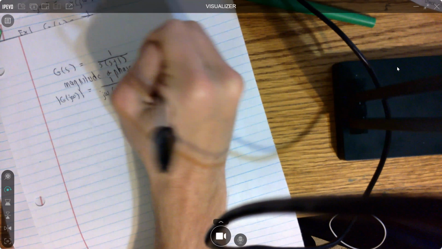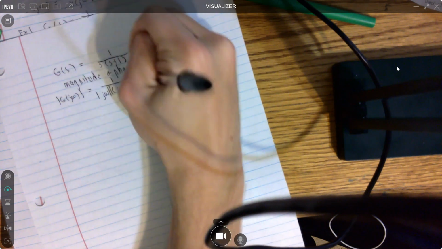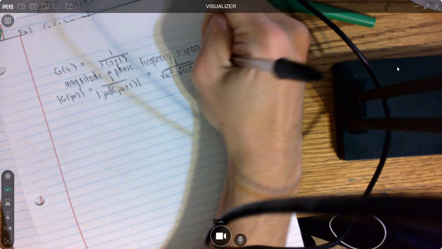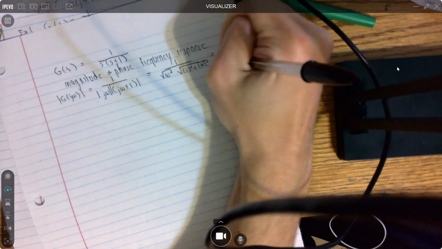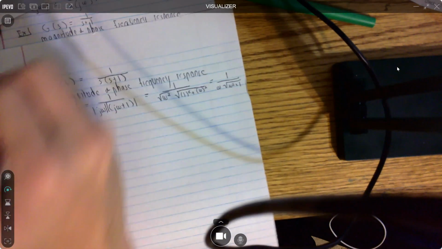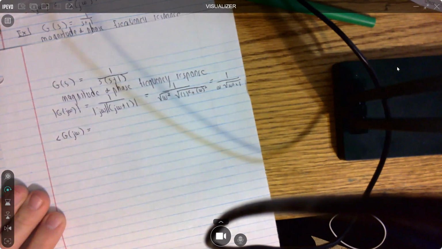If we take the magnitude of each of these terms, we get 1 over the square root of omega squared, which is just omega, and then the square root of your real part squared plus your imaginary part squared. So this is going to equal 1 over omega times the square root of omega squared plus 1. That's your magnitude. Your phase is going to be the angle of G(j omega), which equals the angle of your numerator minus the angle of your denominator.